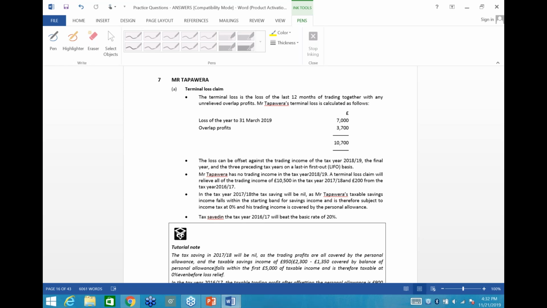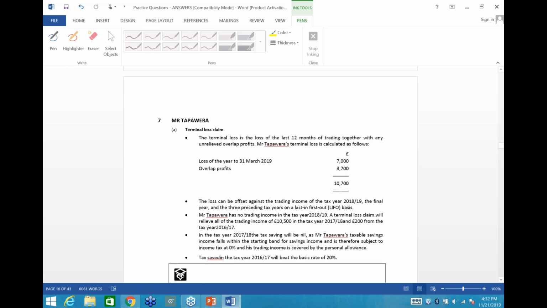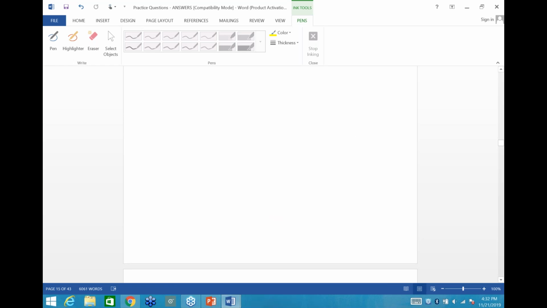We can take them as similar periods of account for this calculation. Now, when is the date of cessation? According to this question, the date of cessation is 31st March 2019. You cease trading on 31st March 2019.